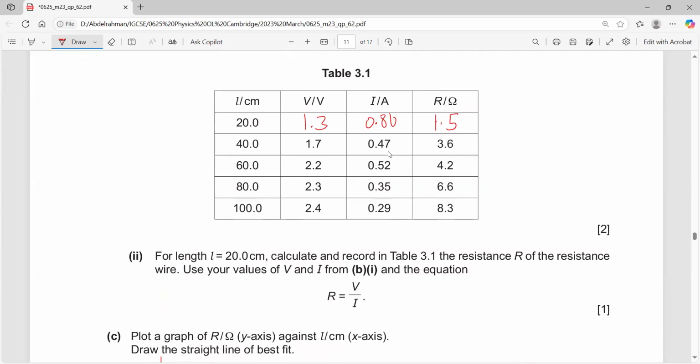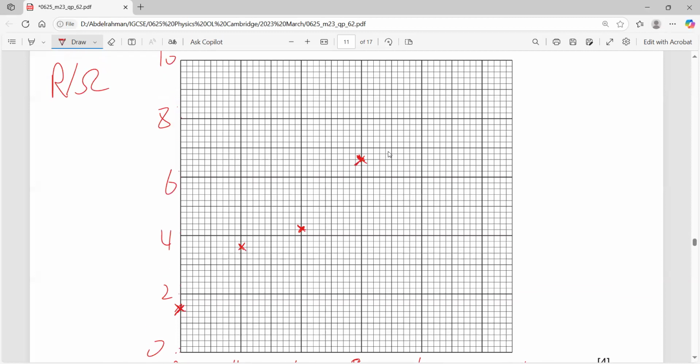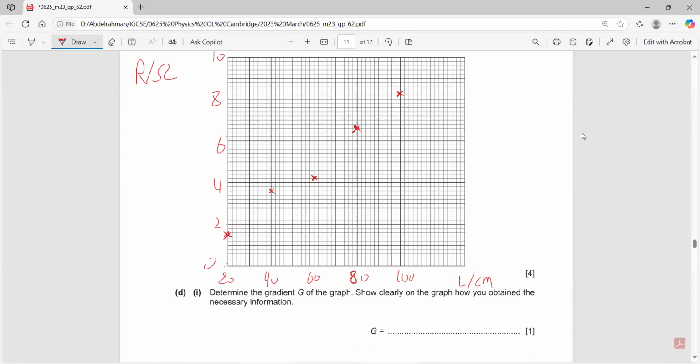And then 100 and 8.3. So it's obvious that 6.6 is quite an outlier. Let's draw the line of best fit and determine the gradient.